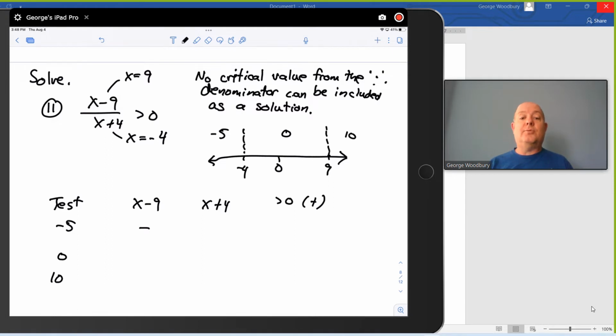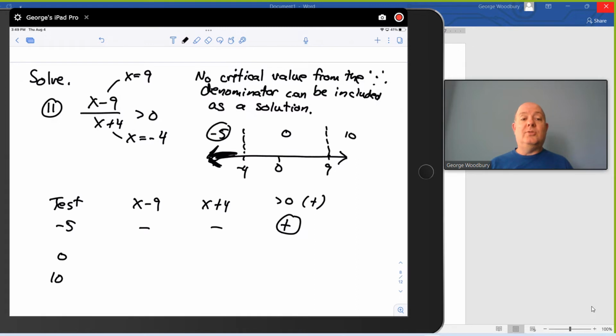Negative 5 plus 4, that's a negative 1. That's also negative. So I have a negative numerator, a negative denominator. When I divide those, I get a positive result. That's a solution. So negative 5 is a solution, and that means that everything in that interval is a solution. Right? If I had picked negative 6, negative 7, negative 300, they all would have worked.